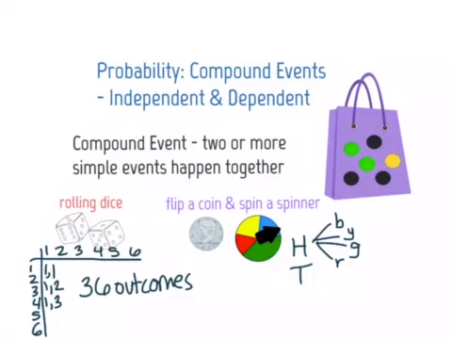But either way, there's going to be a total of 8 outcomes. We get that number 8 because there are 2 possible things that could happen with the coin multiplied by the 4 possible colors that could happen with the spinner.